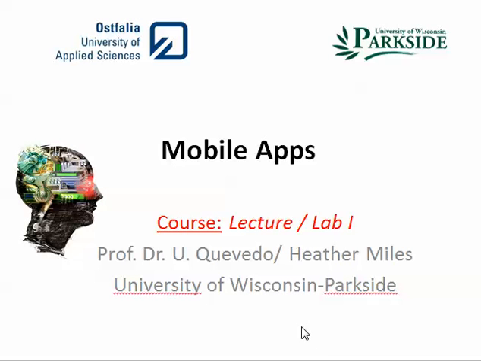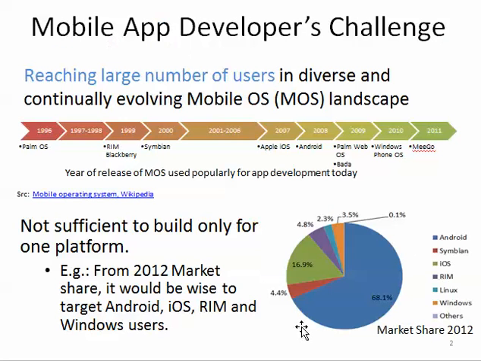Again, the first part is about the challenge of developing mobile apps. What is the main problem we're addressing here? We want to develop and reach the maximum number of users that can have our apps.